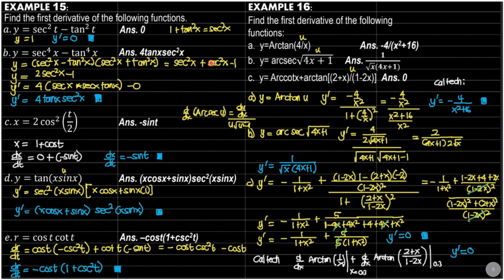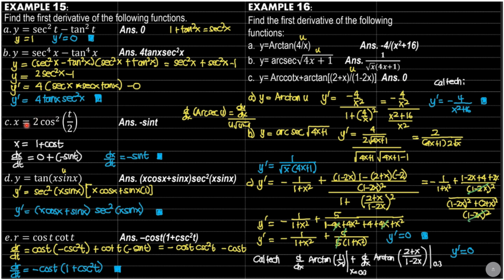I write this in this manner, so 2 secant square x minus 1. Differentiating, 2 times 2, so 4, power formula. Secant to the 1 of x, then the derivative of secant, because imagine this is 2u squared. Derivative of secant is secant x tangent x. Then derivative of 1 is 0, of course, so minus 0. Simplifying, so that's y prime equals 4 tangent x secant square x.